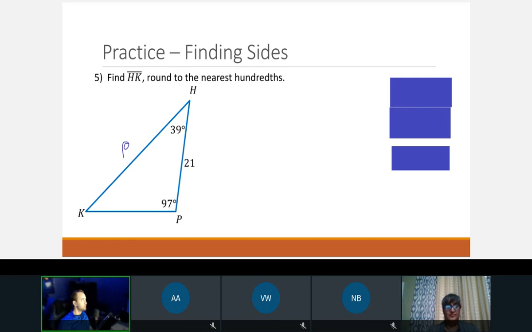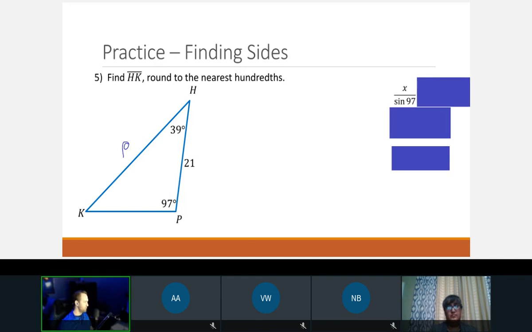Since we're solving for a side, you want to flip that formula to have your sides over the sine of angles. So we are going to have p over the sine of 97 on the left.